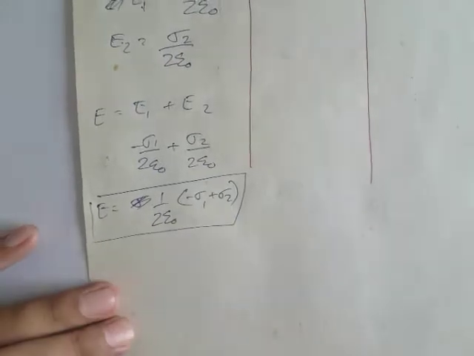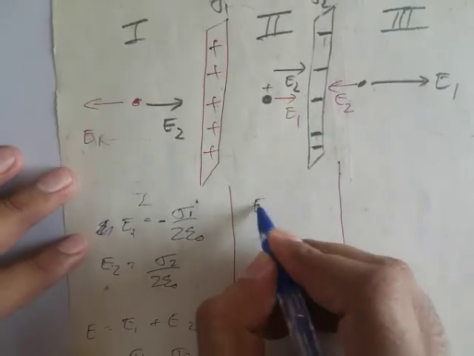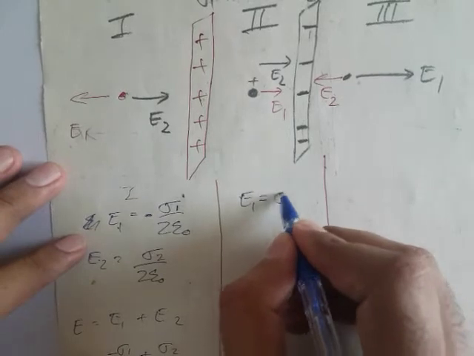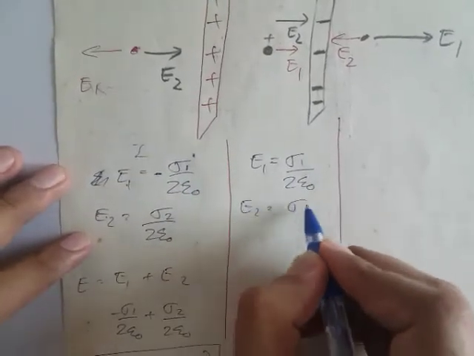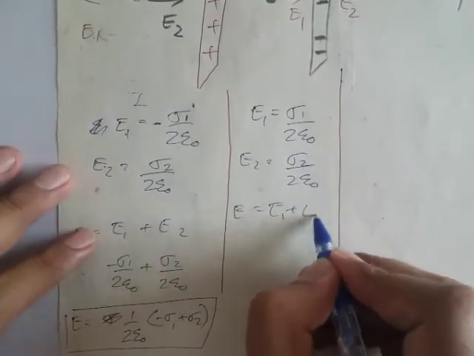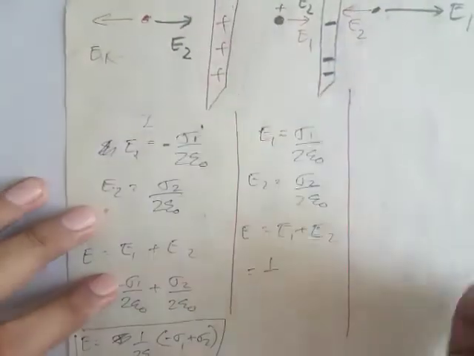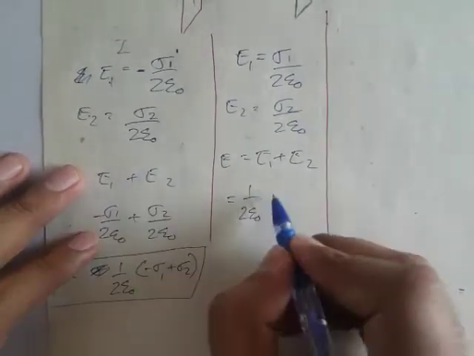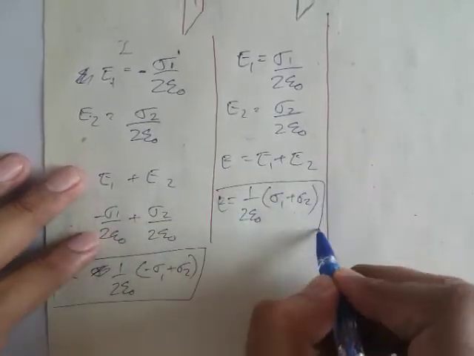What about region 2? In region 2 the same way, just try it by yourself. E1 is in the same direction, that is sigma 1 upon 2 epsilon naught, and sigma 2 upon 2 epsilon naught, and E equals E1 plus E2. Because they are in the same direction, we take 1 upon 2 epsilon naught common, and sigma 1 plus sigma 2, that is for the center region.